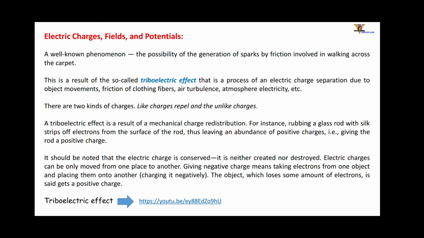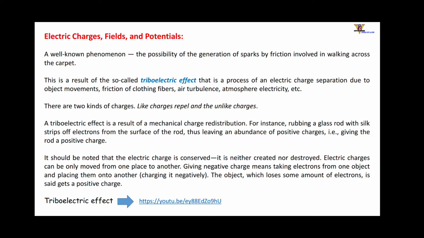Now, electric charges, fields, and potential. We can sense these things. So firstly, we must know what electric charges are, what fields are, what potentials are. A well-known phenomenon is the possibility of generation of sparks by friction involved in walking across a carpet.